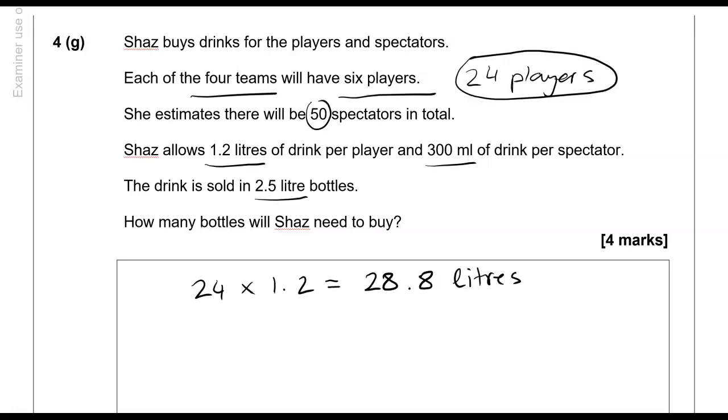And for the spectators, there are 50 of them. And she's getting 300 millilitres. In terms of litres, that would be 0.3, so divided by 1,000, because there are 1,000 millilitres in a litre, which gives us 15 litres.